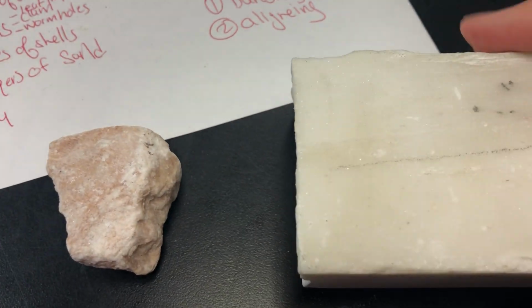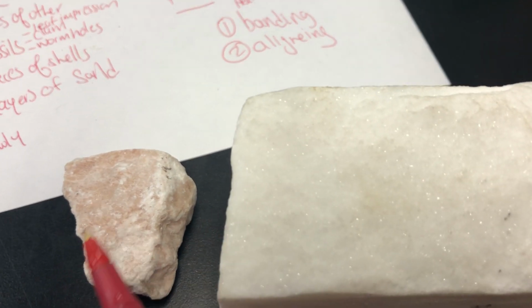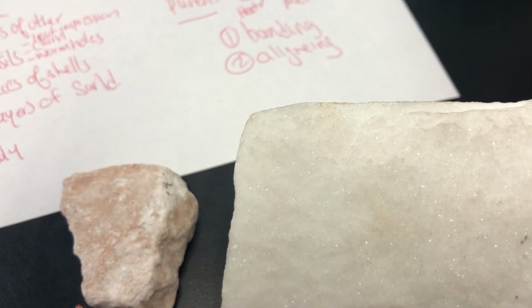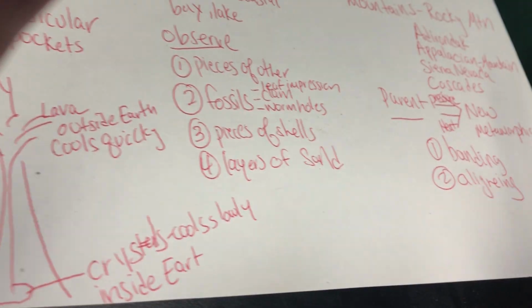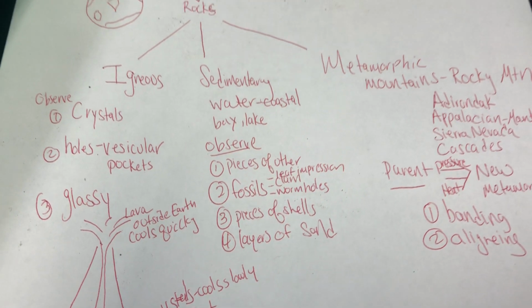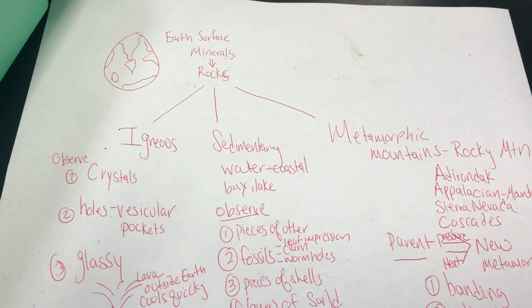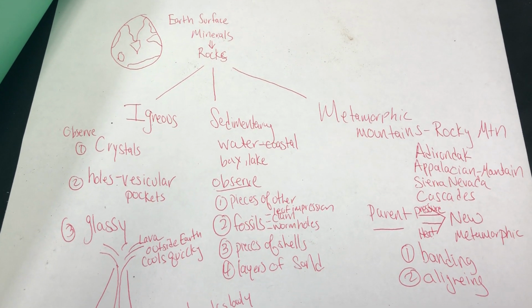Oh, wait, here it is. Okay, here's a great sample. The limestone changing to the marble. So you could see that this was the parent rock, sedimentary, and the metamorphic rock through the heat and the pressure has changed it to marble. So those are your three types of rocks: igneous, sedimentary, and metamorphic.